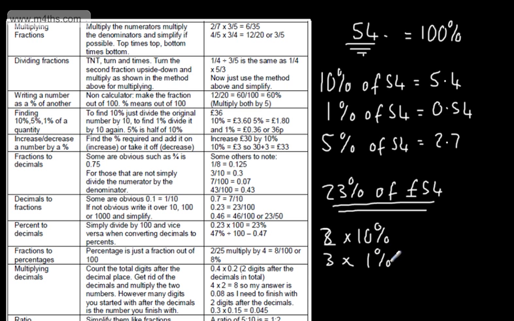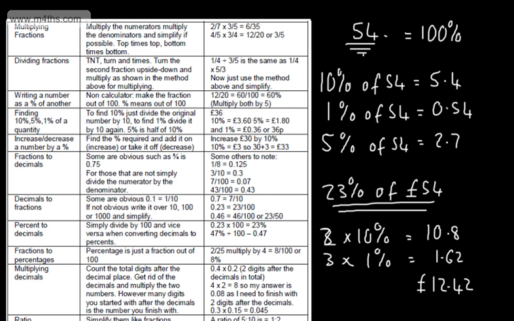So two lots of 10% is going to give me 10.8. Three lots of 1% is going to give me 1.62. So all I'm doing is working this out, and we can go ahead and add those. So what does that look like? £12.42. Again, you can check that if you want on a calculator.